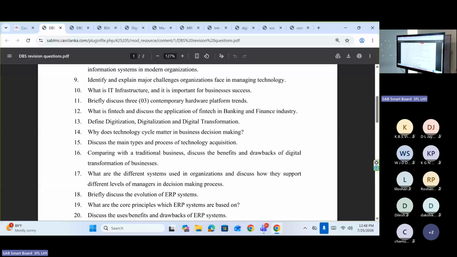You have to disaggregate everything. Specifically, explain what it is in your simple language. Define them and explain them. You have to explain, you have to define and then add something more.